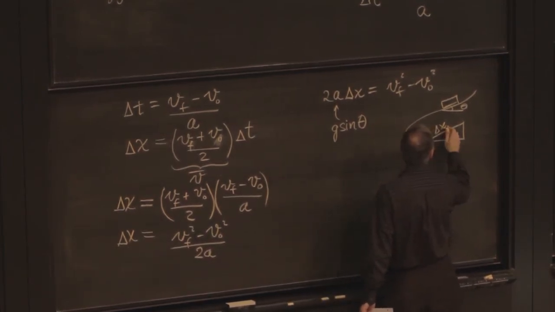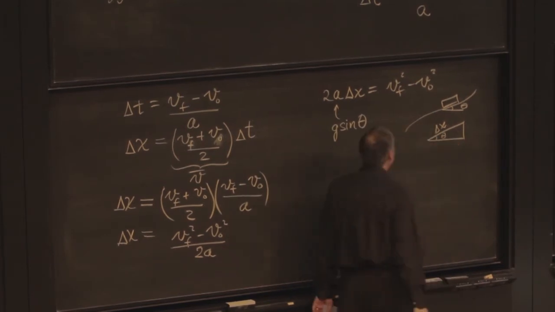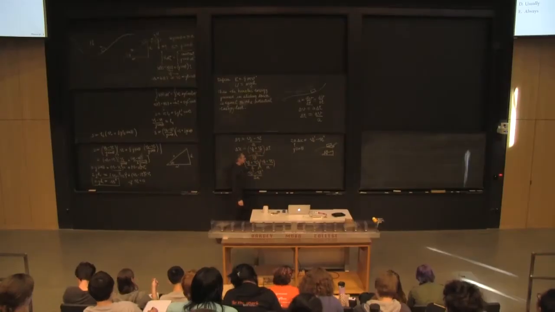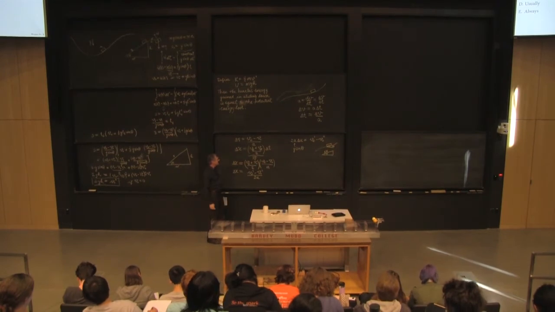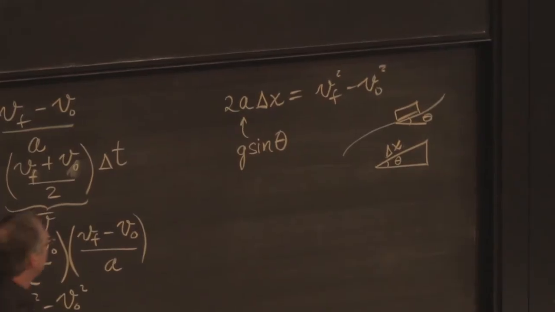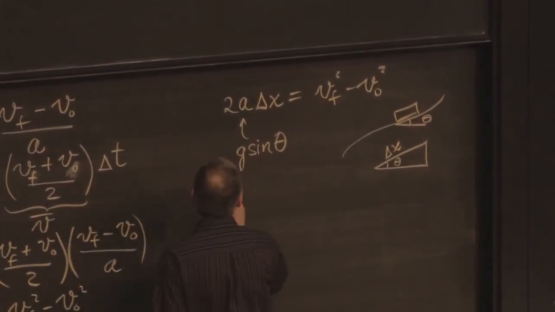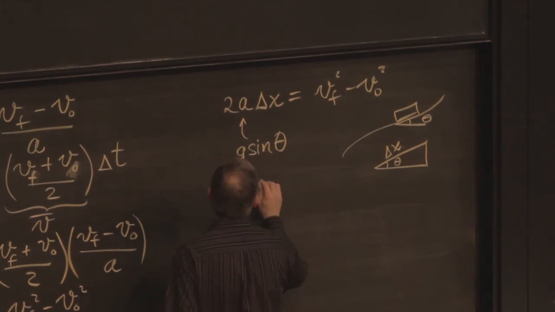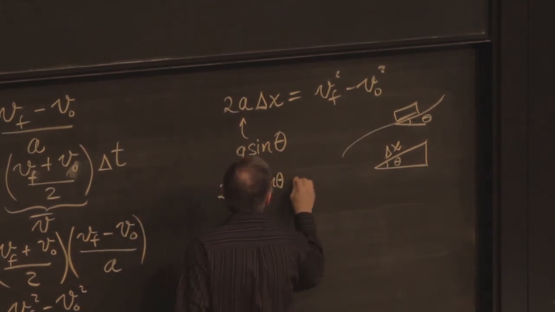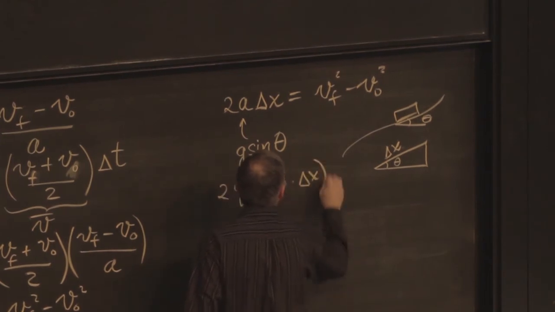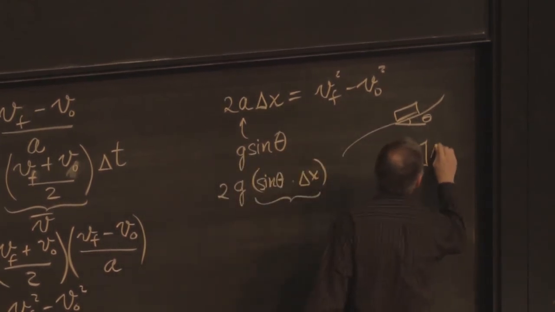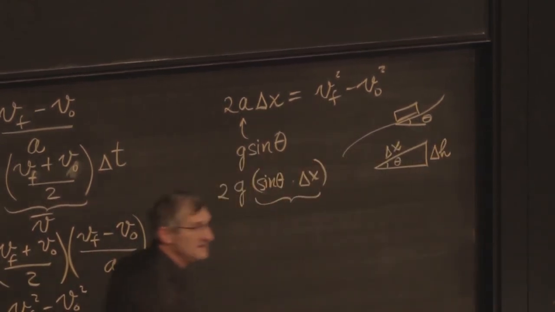So this is the delta x, that would be theta, and the acceleration would be g sine theta. So g sine theta delta x, so 2g sine theta times delta x is just the height change, delta h.